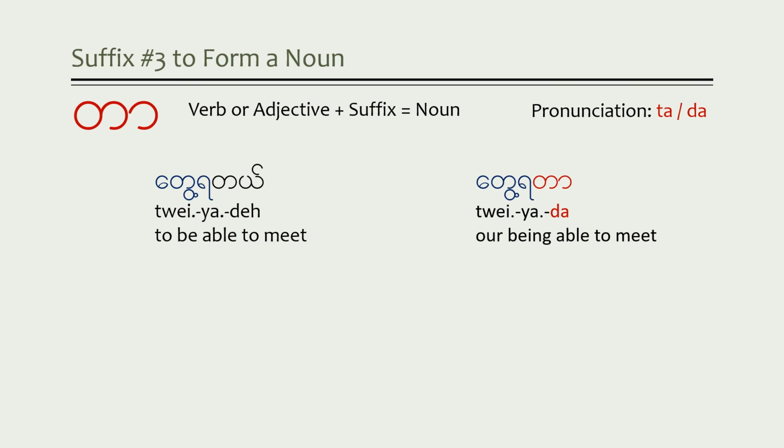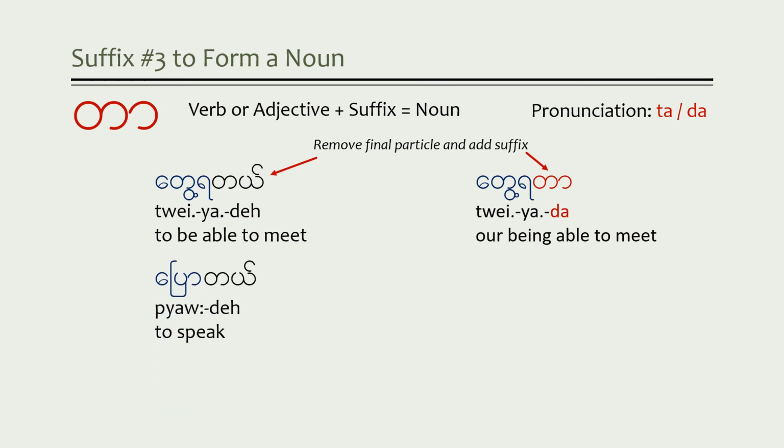Verbs and adjectives that use this suffix usually will not use either of the other two suffixes I've discussed. However, the method is the same. Replace the final particle with this suffix to form a noun. Let's look at a couple of other examples. To speak is pyore, but what someone said is pyora.